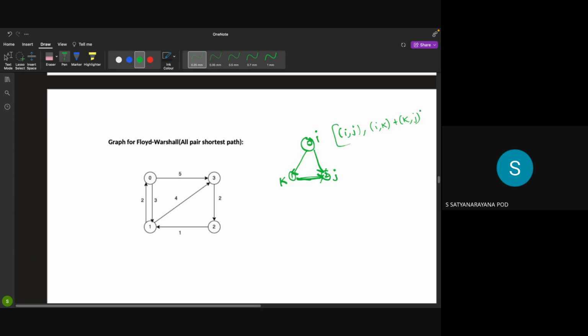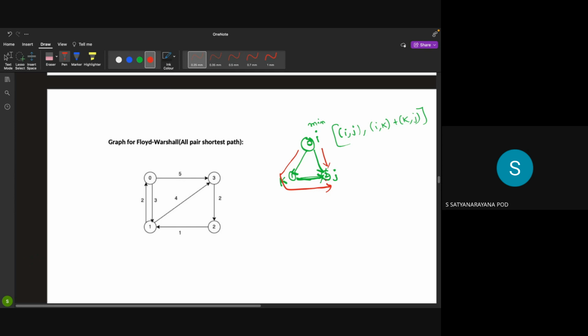Out of these, whichever is minimum, we choose that. Either this path is minimum, or we come here and then here. Is it clear? We check whether reaching J directly from I is minimum, or reaching via K is minimum.